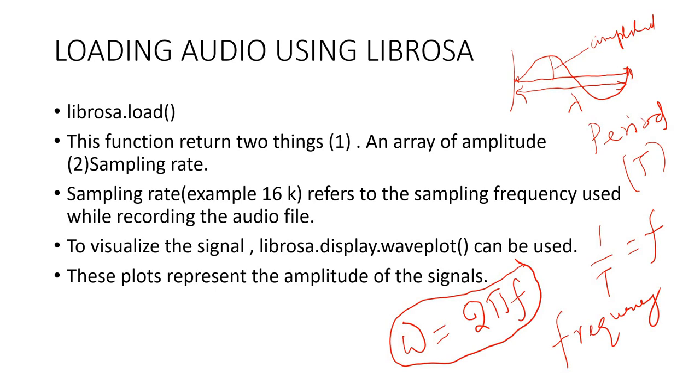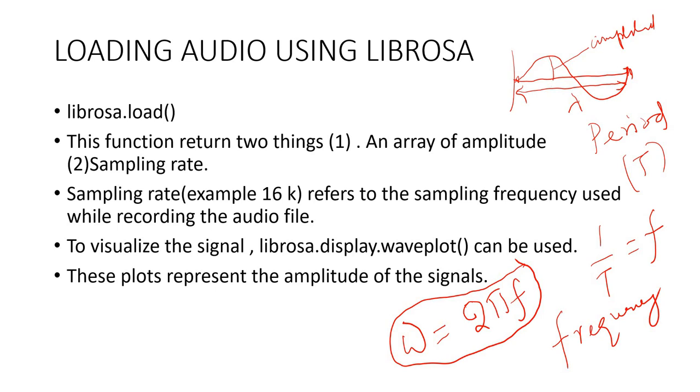So this function, as I told, when we do the librosa.load function, returns two things: an array of amplitude and the sampling rate. Sampling rate, for example, 16,000, refers to the sampling frequency used while recording the audio file.